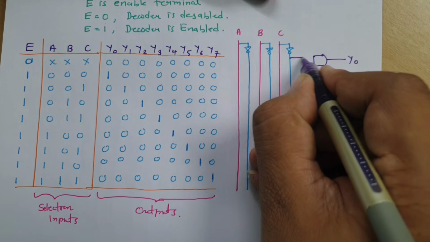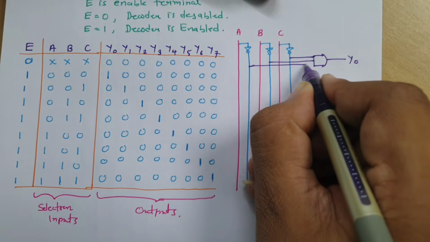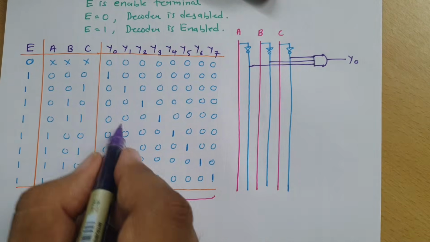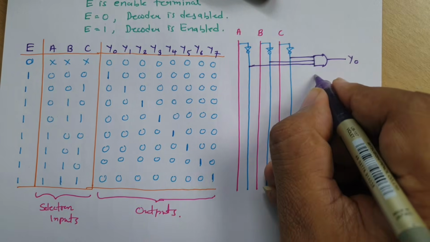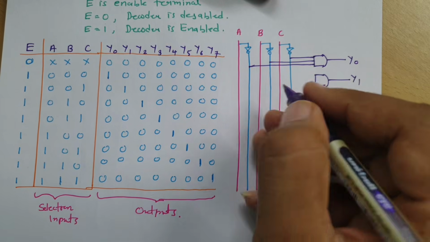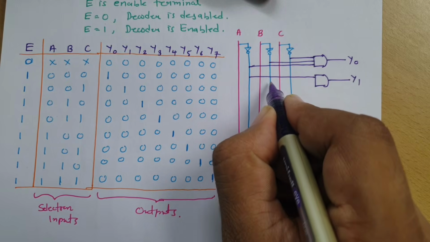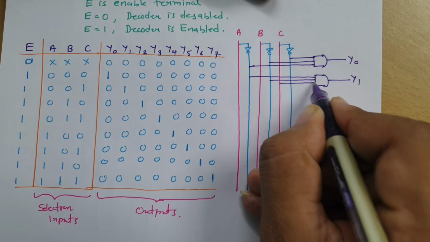To have decoding of Y1, ABC should be 0 0 1 means A bar, B bar, C that we need to connect. So here we have Y1 and A bar, B bar and C.